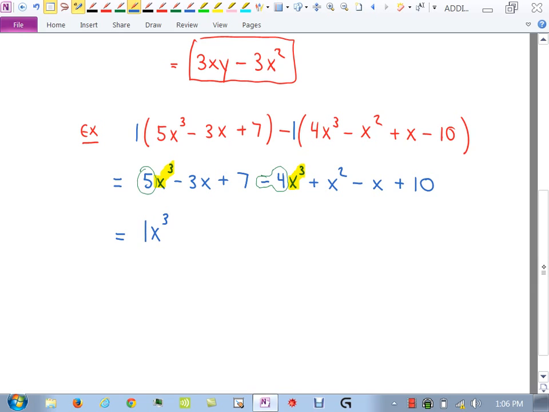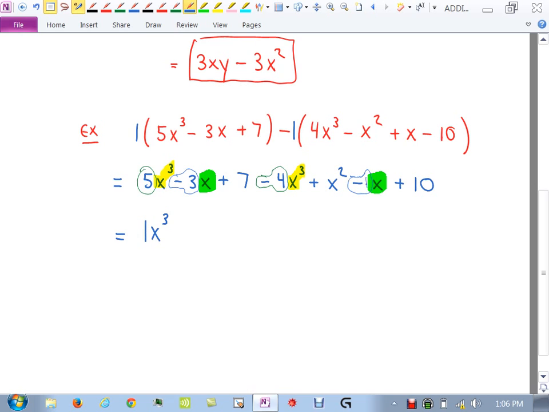Now, what the book likes and what we like to do in math is we like to put all our answers in what's called descending order, which means we like to make it be the highest power that we see and then come down as we go. But I'll do that on the next step. I heard someone say we had the x's, so let's go after the x's right now. We had the x, the number in front was -3 here. The number in front was what here? -1.